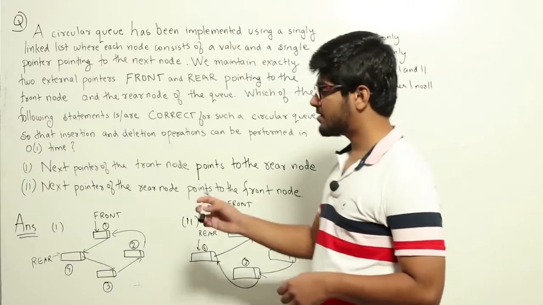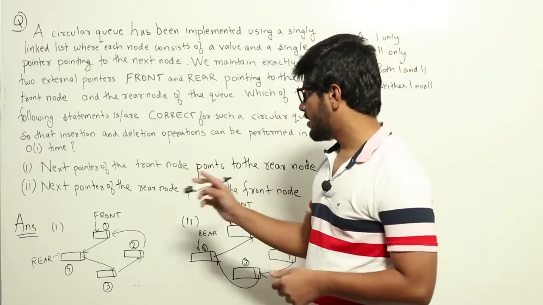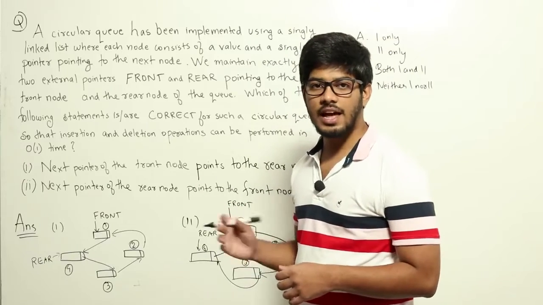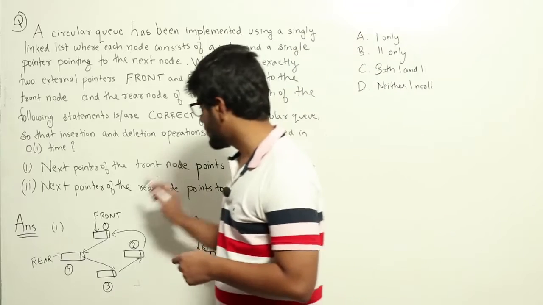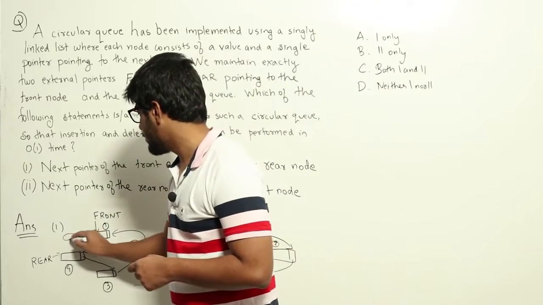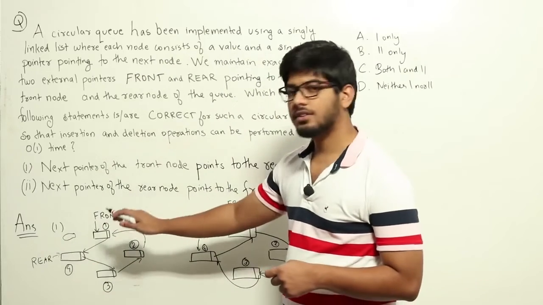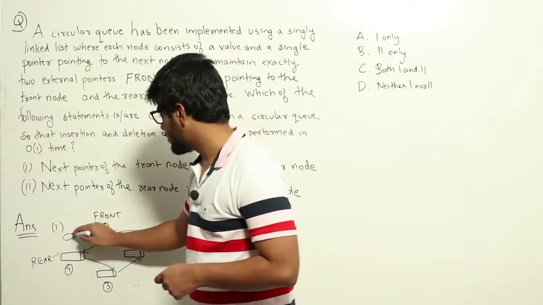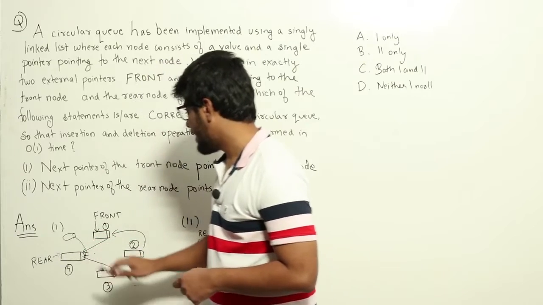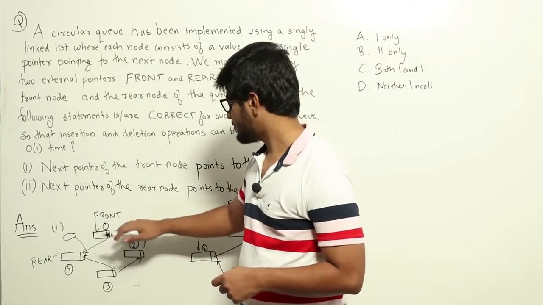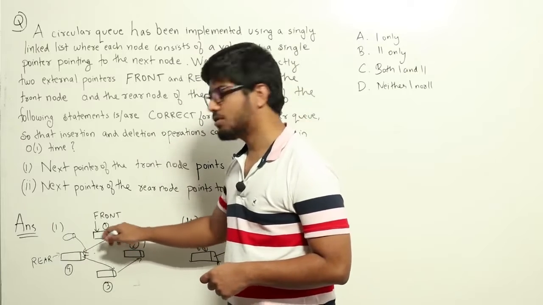Now let us try inserting or deleting. In a circular queue, insertions will happen at the rear node and deletions will happen from the front node. So for insertion, we will need to create a new node. Now we already know the rear node's address, so for this node, the next pointer, I can put it straight to this node. And then the front node, I need to point to the rear node, right?